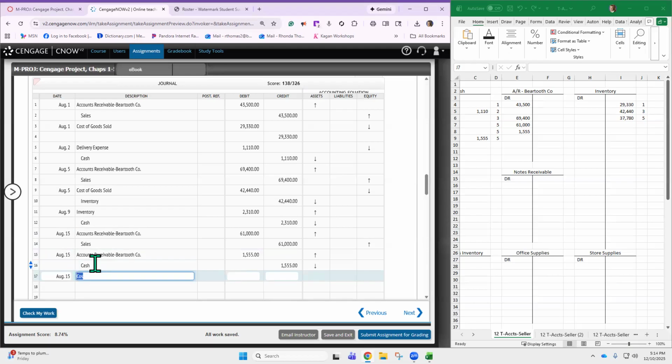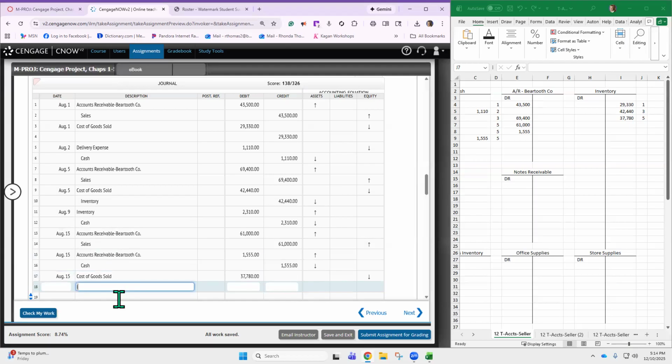So now then, the last piece of August 15th is to record the cost of goods sold. So the cost is what you actually made inventory go down, or if you wanted to look at the cost of goods sold account, you could see it there.